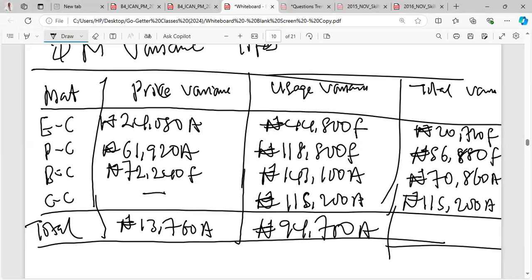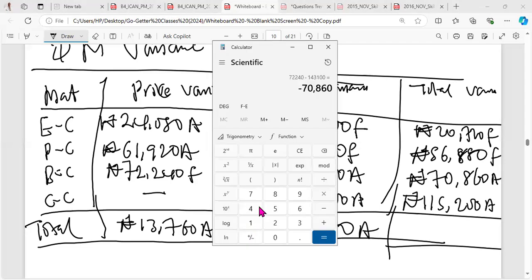So let's add. This is adverse here, 70,860, I will now say minus 115,200, now plus 56,880 plus 20,720. That gives us 108,460 adverse.